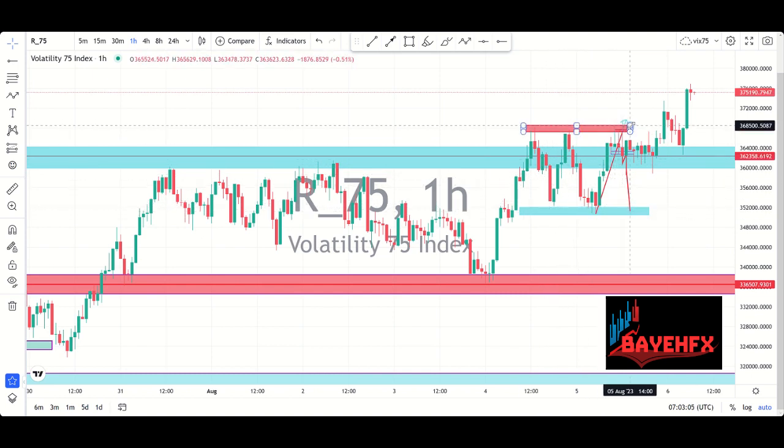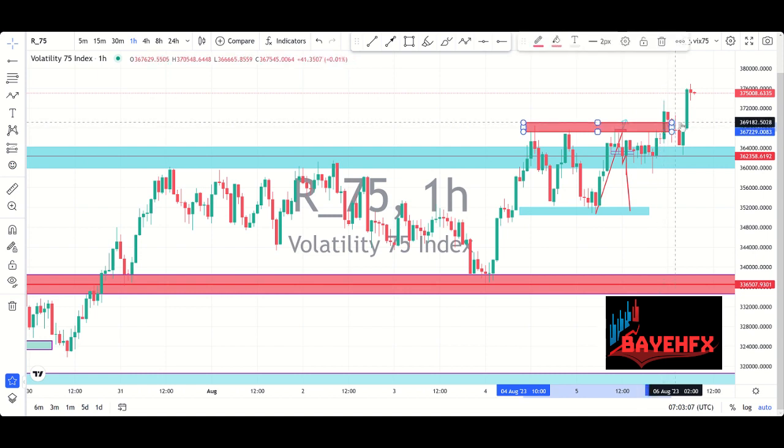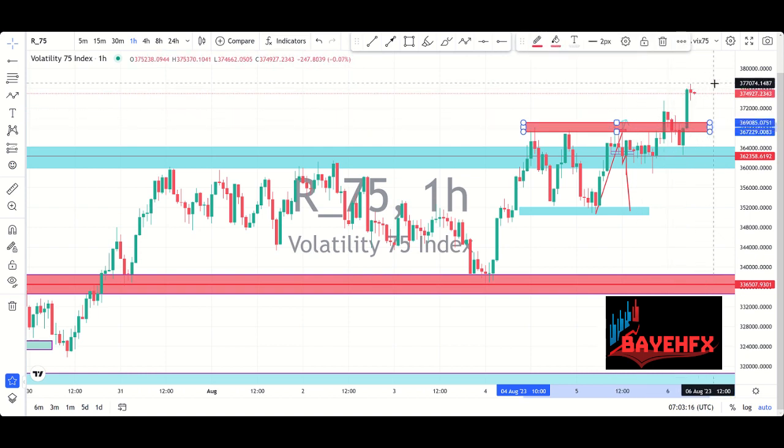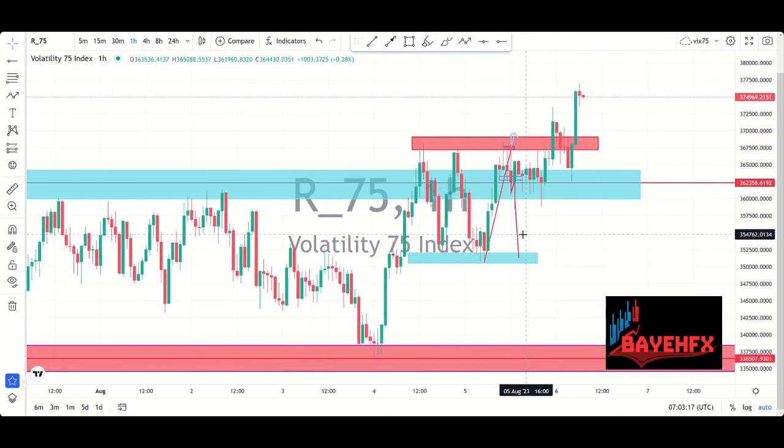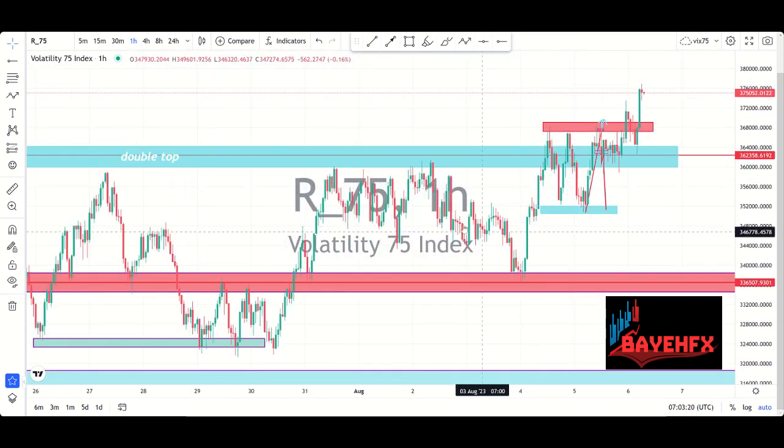So we marked out our resistance zone that the market needs to break above. Then we'll be looking for buys to the upside. So right now we are waiting for a retracement here, and then we'll be looking for buys to the upside. So that's for VIX75. We're going to go to the next pair.